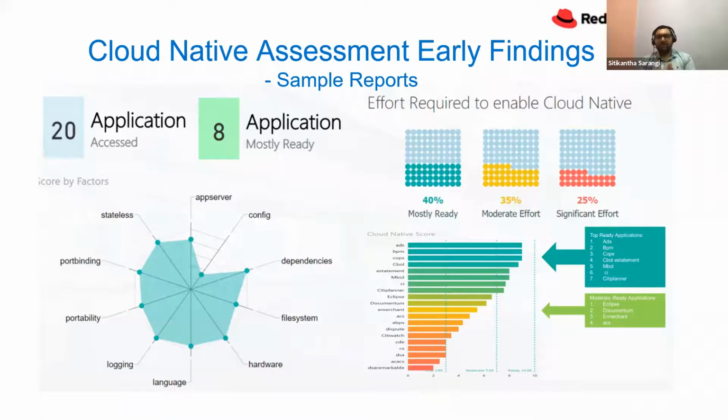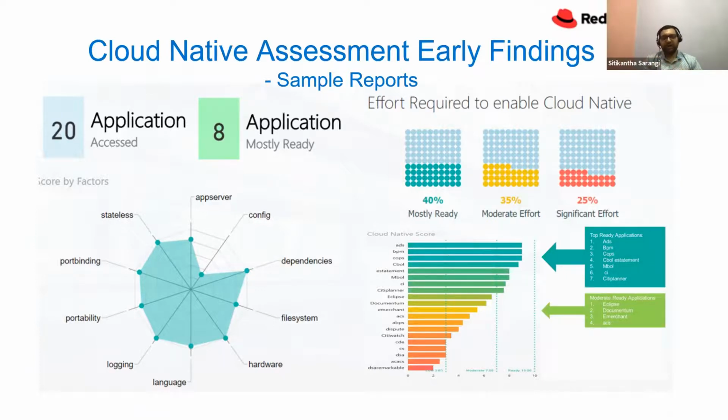So that is very easy. It generates the report within 5 minutes of the analysis, and it can tell you very extensively where exactly the problems are, and these 10 factors are coming into play, right?